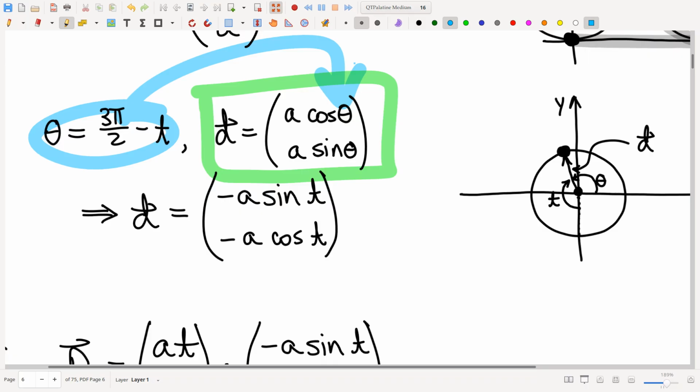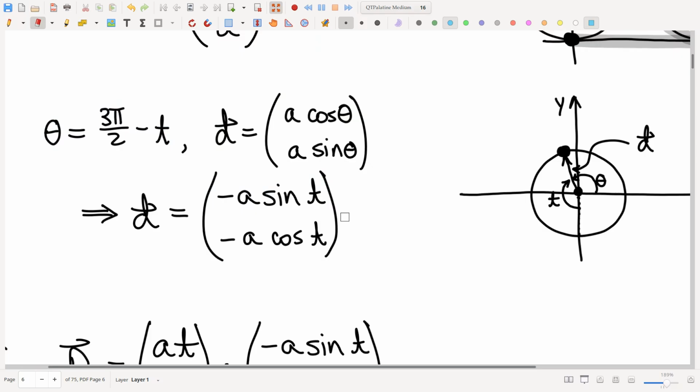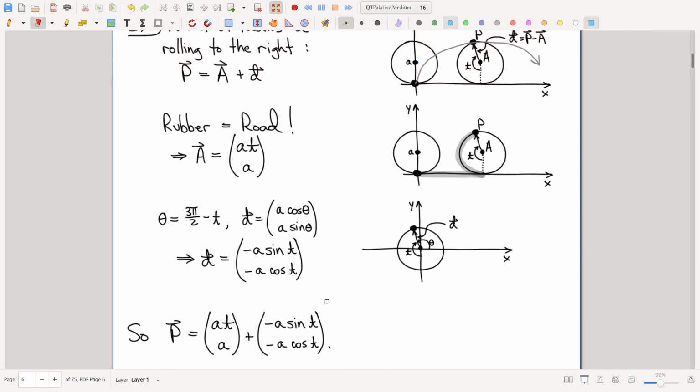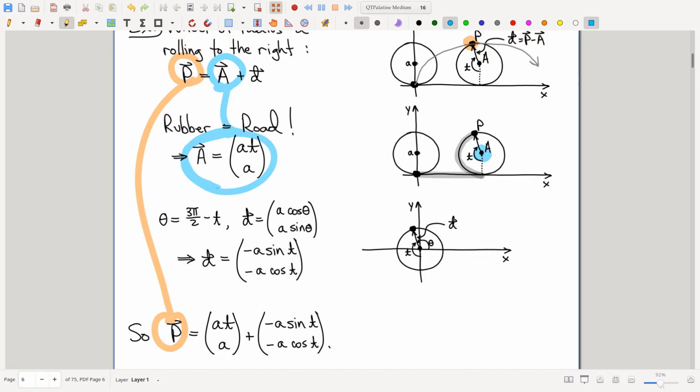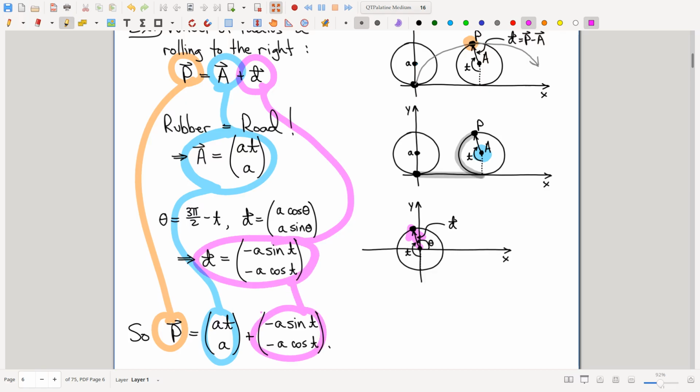Okay. All right. And so it's kind of all over but the shouting at this point. Remember the big picture strategy: the position that we're looking for is the location of the axle, which we just solved for, plus the spoke vector that we just solved for.